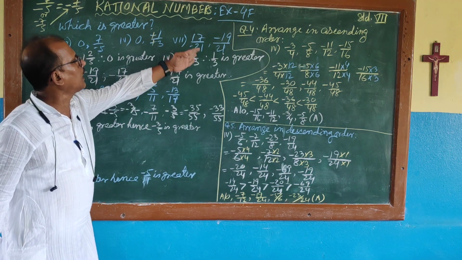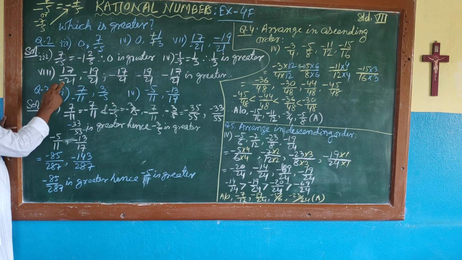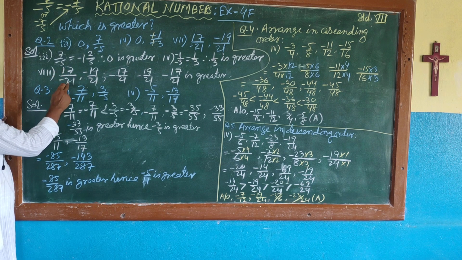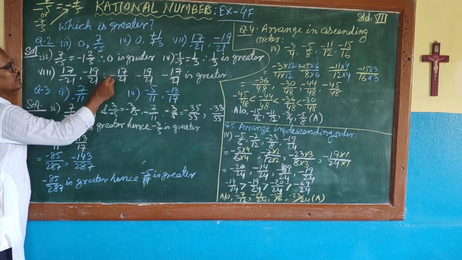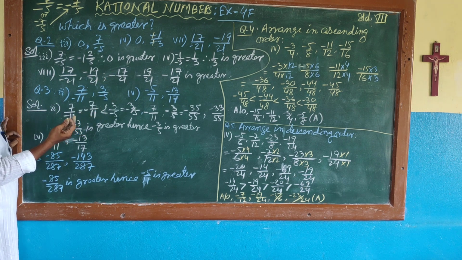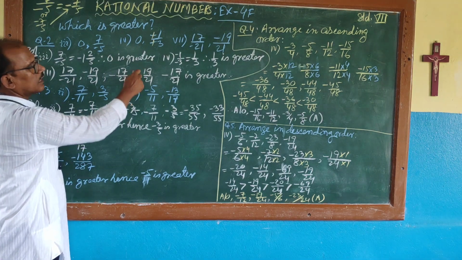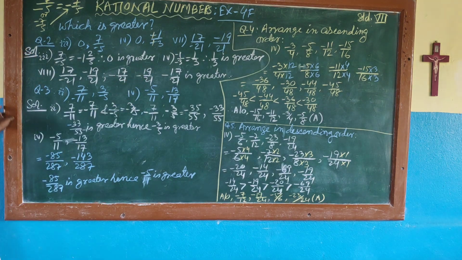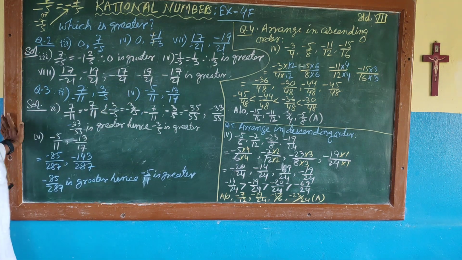Now here is another example I have taken. Minus 17 by 21 and minus 19 by 21. This can be written as: minus is the common sign for the rational number 17 by 21, and here minus is the common sign for 19 by 21, isn't it? Now we need to know these two are negative rational numbers. For negative rational numbers, the more the numerical value, the lesser its value.